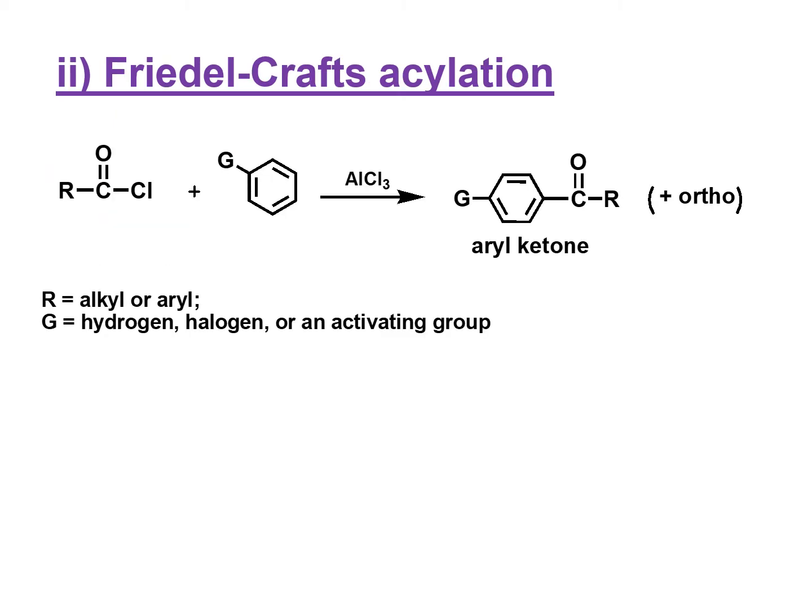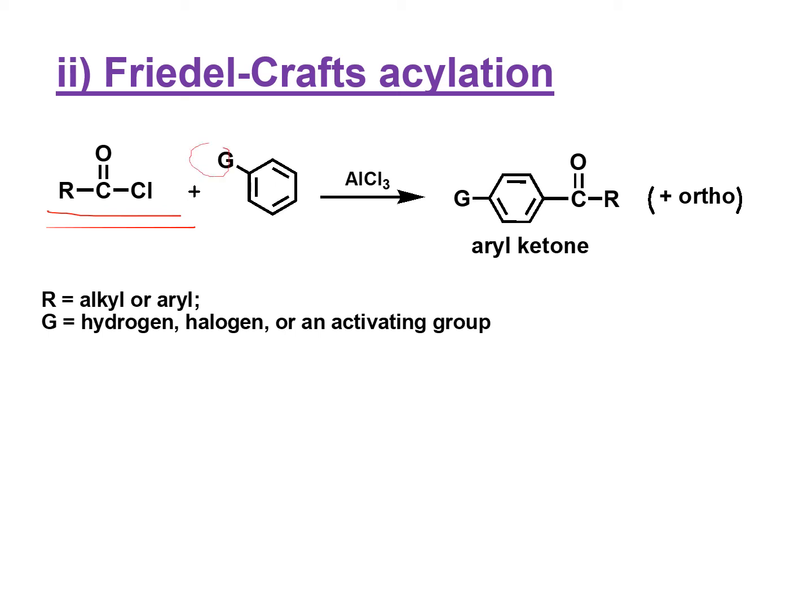Next, Friedel-Crafts acylation. You learned Friedel-Crafts acylation during aromatic compounds in CHM258. Now we have an acid chloride reacting with an aromatic ring with a substituent G here.